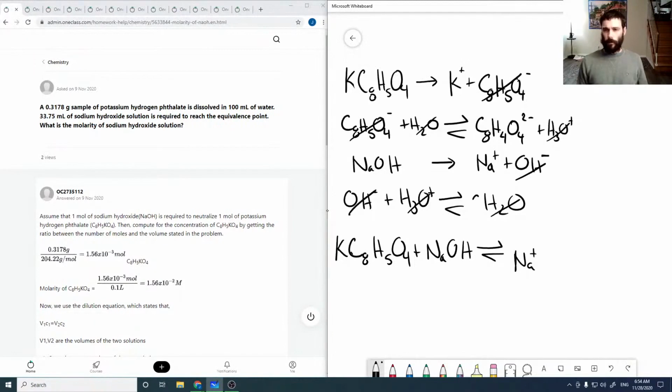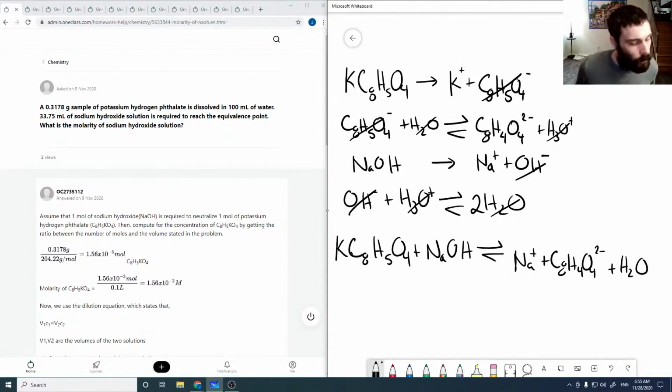So that would actually be 2 waters. Na plus C8H4O4 2 minus plus water. So that's kind of our neutralization reaction.